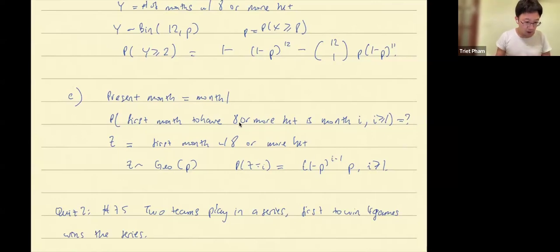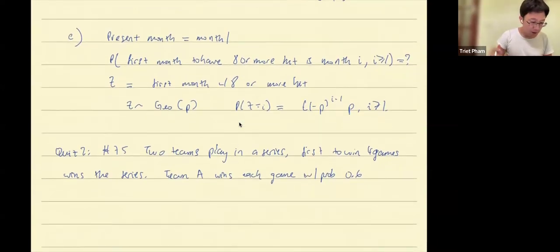Suppose that one team is just stronger. So team A wins each game with probability 0.6, independently of the outcome of any other game.